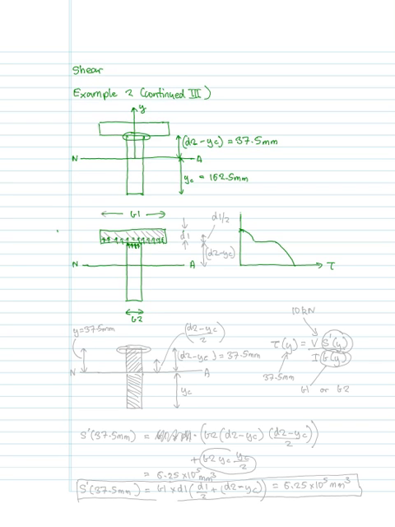So there's going to be one value calculated based on that value, B2, and then the other value is going to be calculated based on the value B1.